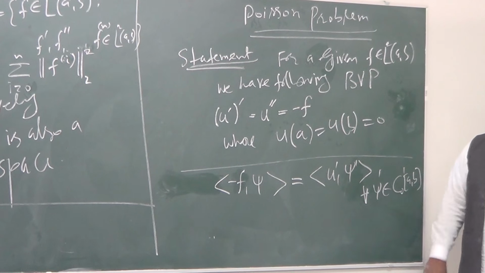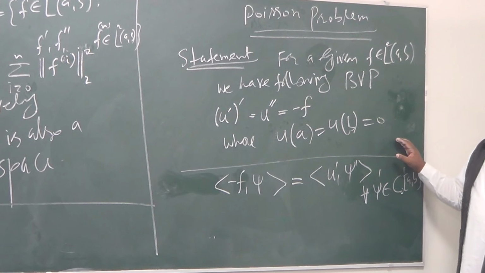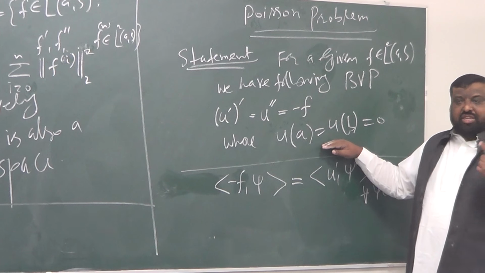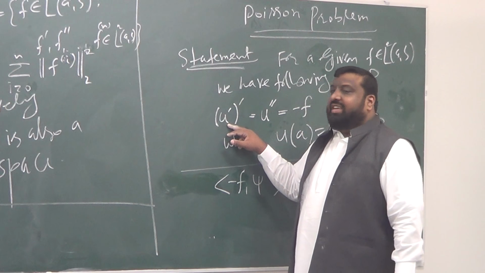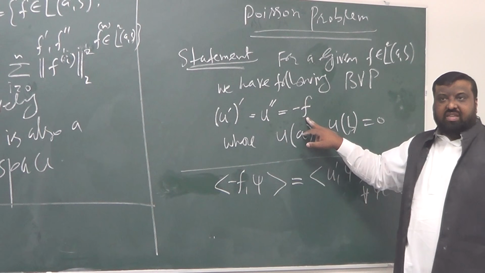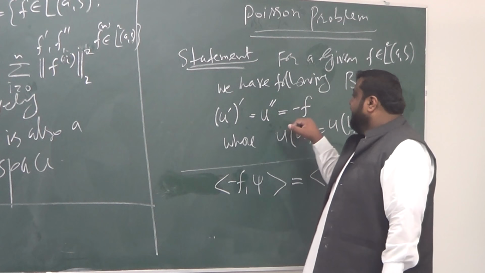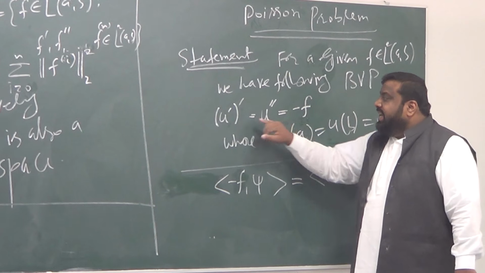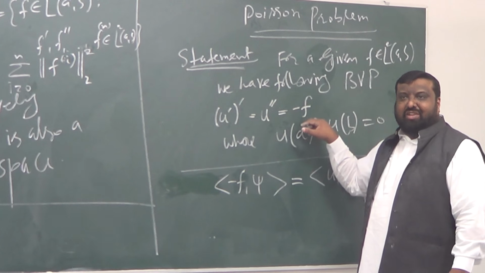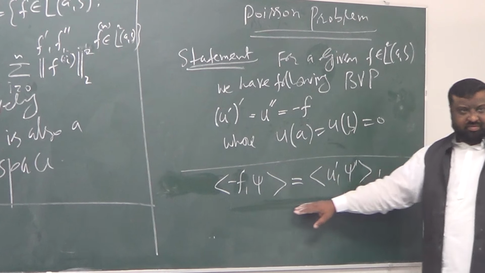I would say that the solution of this problem is a function u that vanishes on the boundary, first thing. Second thing, the weak derivative of its weak derivative should give you minus f. So how can I write that the weak derivative of the weak derivative is minus f? In a precise sense it should satisfy this equation.